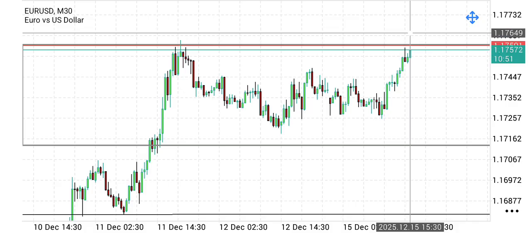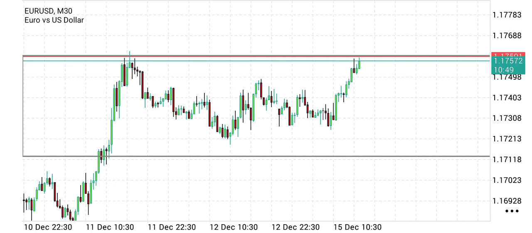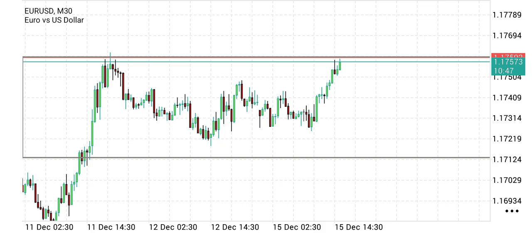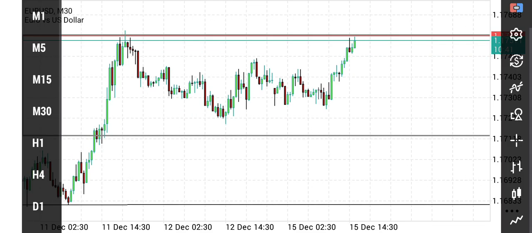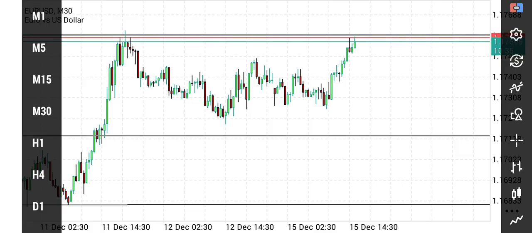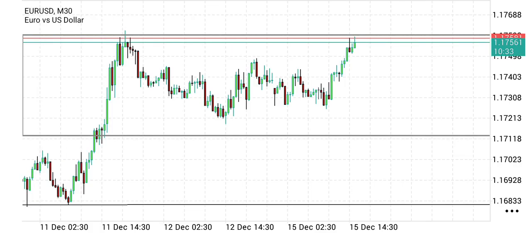Then after we have swept this zone, you might witness the market dropping down. But that's not trading advice. This is not some sort of financial advice. You know that trading is really risky, so it's just a market breakdown.